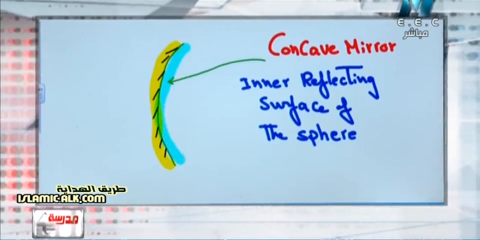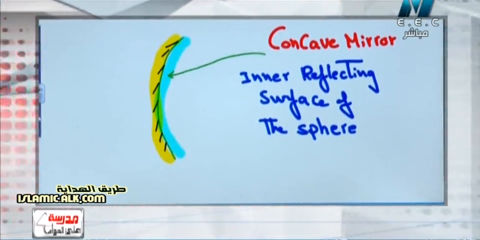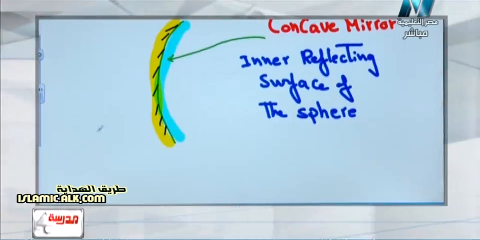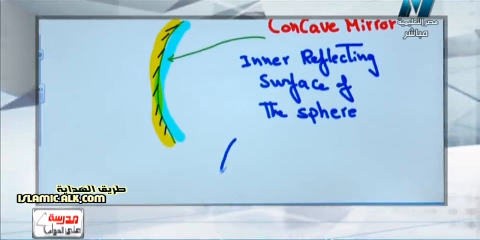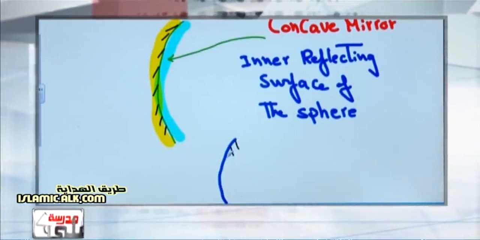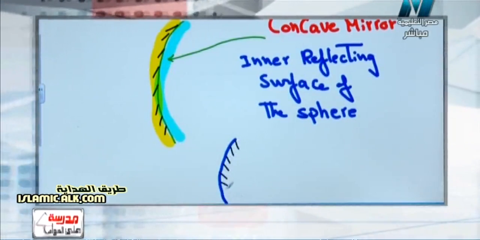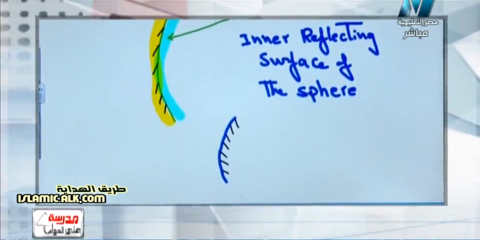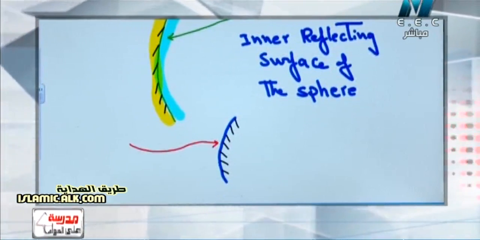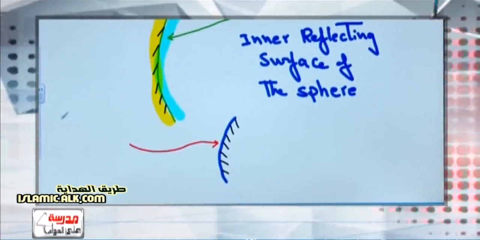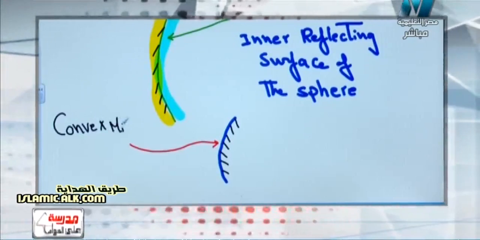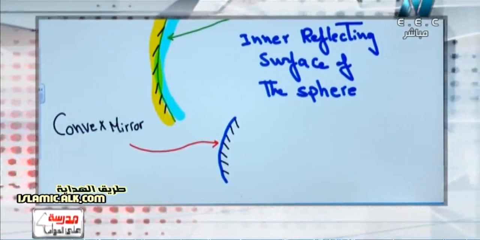Okay, and at the opposite side, if we make the shaded area inside the sphere, here we have the outer surface. We talk about the sphere from outside. So here we talk about what? Convex mirror. So what is meant by convex mirror?